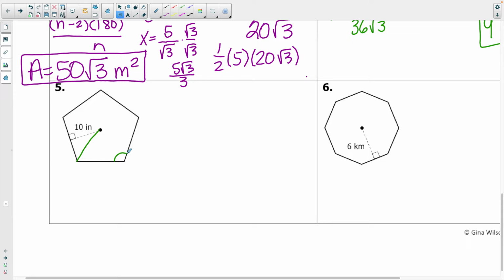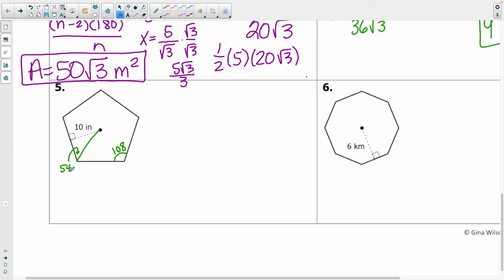So, 108. So this is 108, which means that this one is 54, because it's always half. When you draw that hypotenuse, it's always half. Now, is that a special right triangle? No. So that means we have to use SOHCAHTOA.